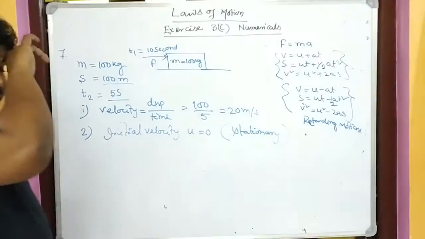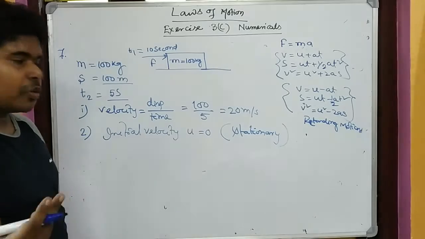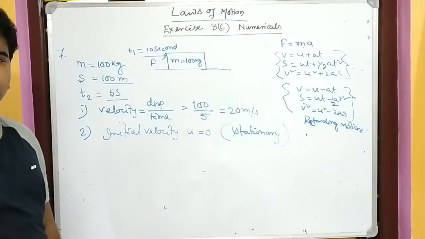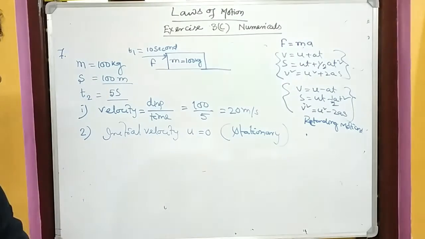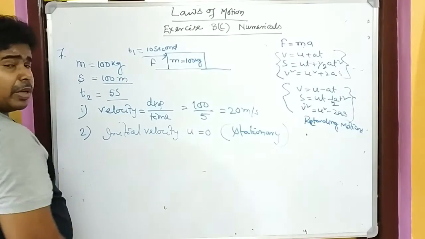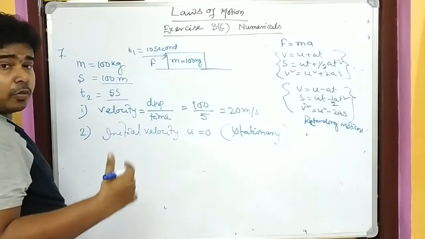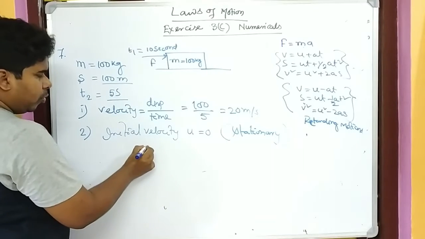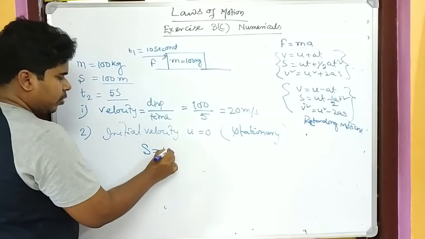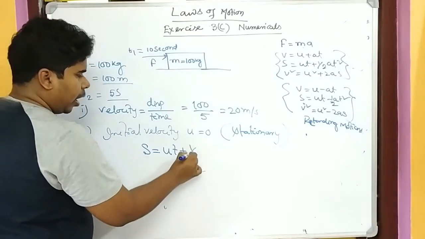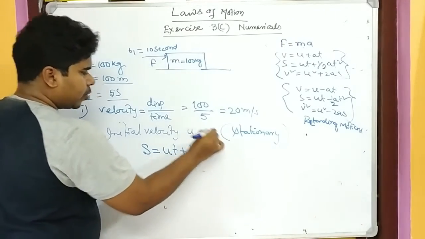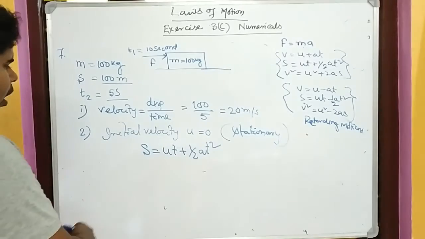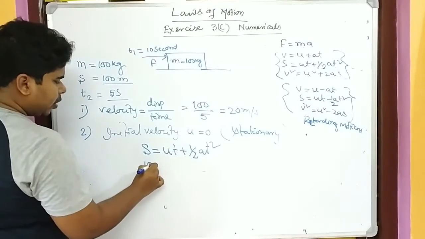Now the displacement is 100 meters after the force is applied. So we have to follow the equation s = ut + half at square. Now put the value s = 100.